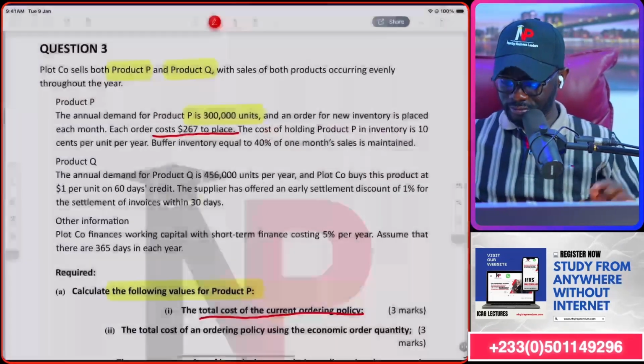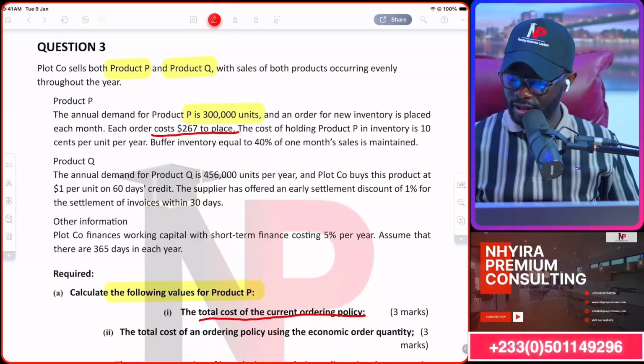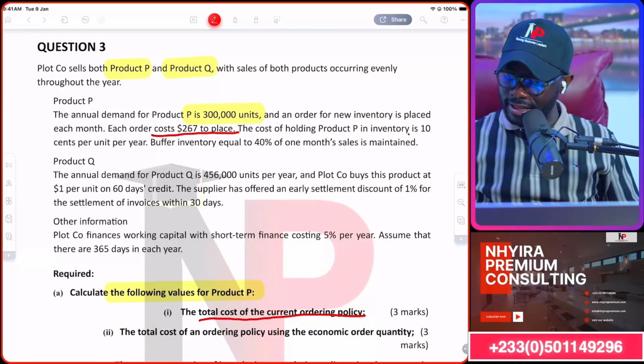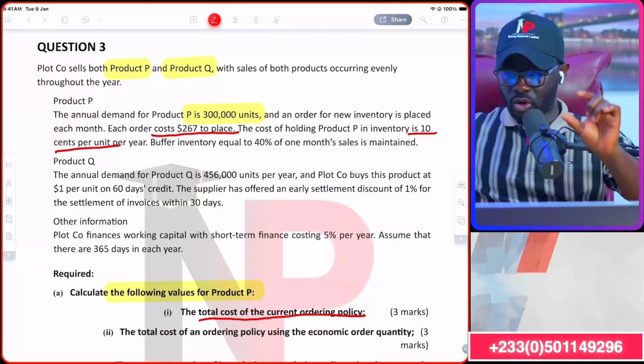Okay. Let's continue. The cost of holding P in inventory is 10 cents per unit per year. So that's our holding cost.